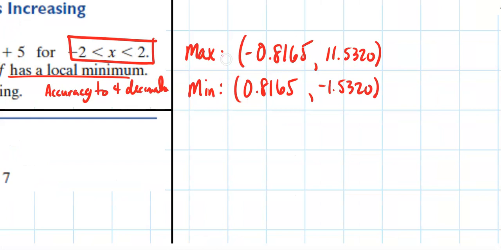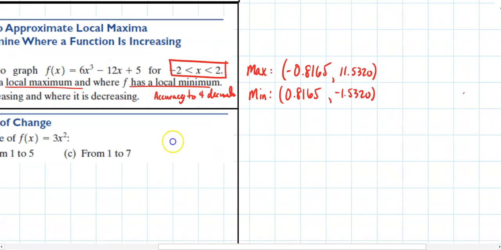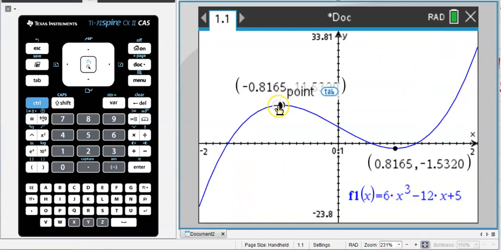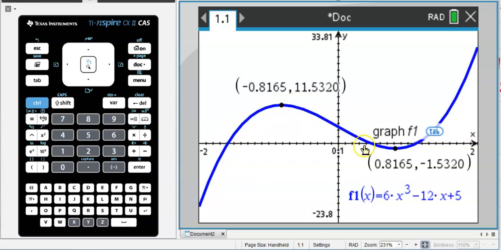And there we have it, a maximum point and a minimum point identified. Now, with those points identified, we can then talk about the domain on which the function is increasing and where it's decreasing. Because here again, we recognize that a maximum point occurs from when the function is increasing and changes to a decreasing function.